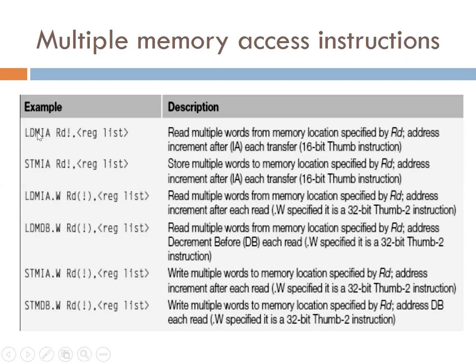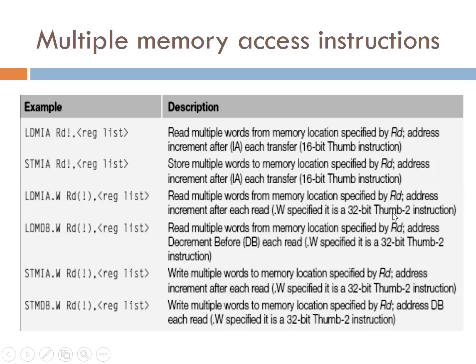When you compare these 2 instructions, there is no suffix in the first, whereas you have .W here. So .W specifies that whenever you use the same syntax in the thumb 2 instruction set, you have to represent it with the .W suffix. Whenever you use .W, this will be considered a 32-bit thumb 2 instruction.